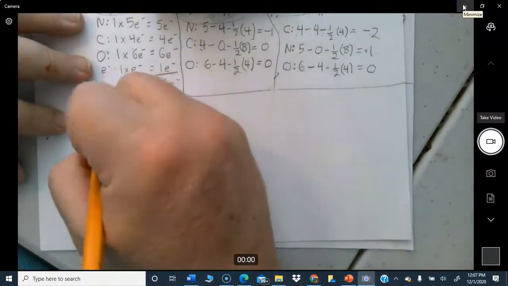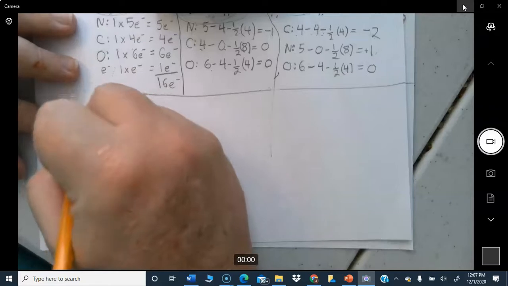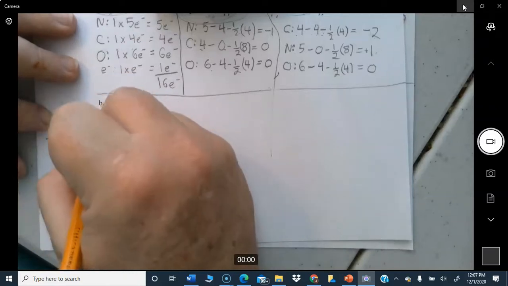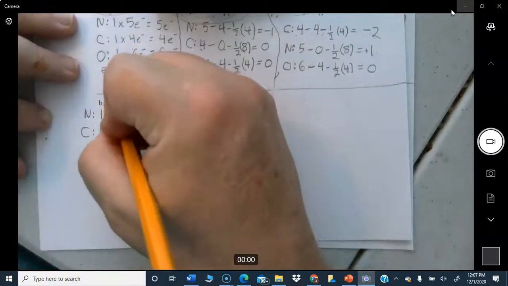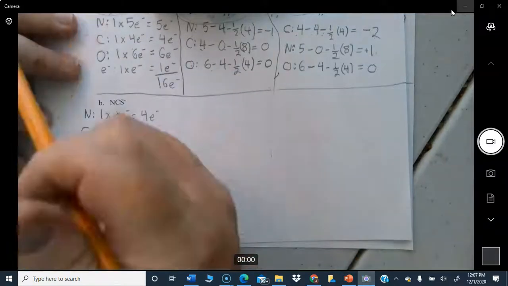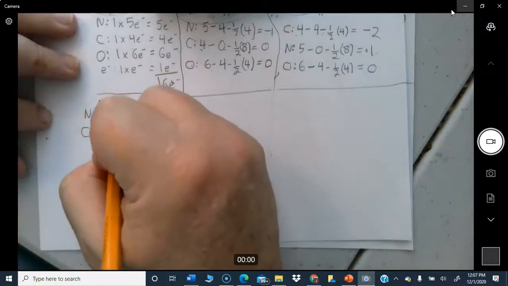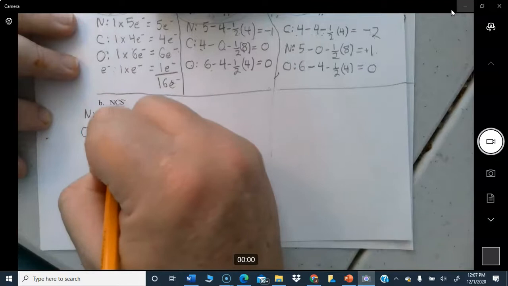So first of all, we're going to just count the valence electrons. Let's do that over here. Nitrogen, there's one of those times 5. Carbon is times 4.